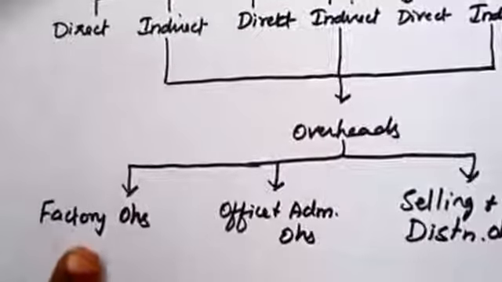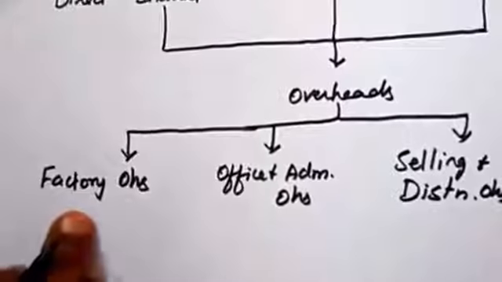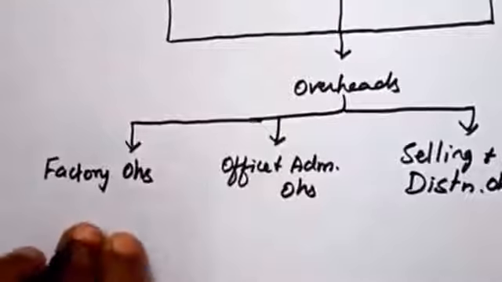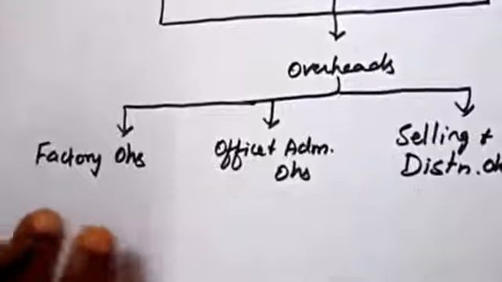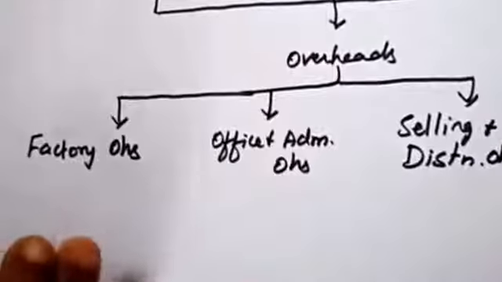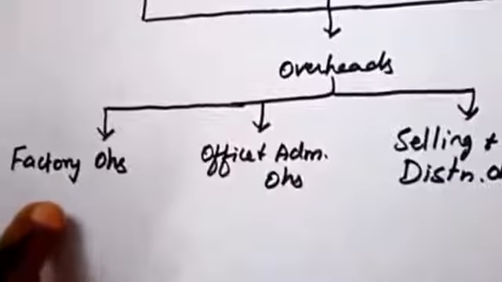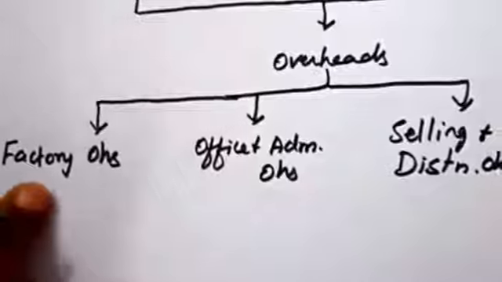Factory overheads means indirect factory expenses. Indirect factory expense means any indirect expense which is related to the factory. For example, factory rent, depreciation for machinery. Machinery is required for the production process, but its depreciation is not a direct expense, it is an indirect expense, so it comes under factory overheads.